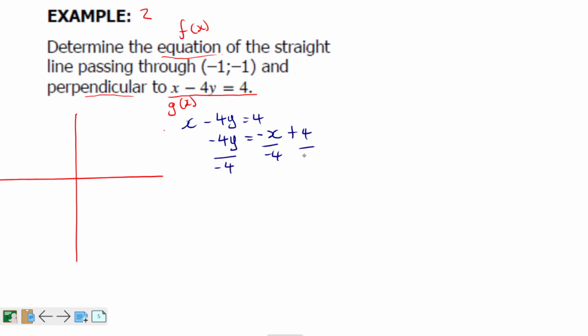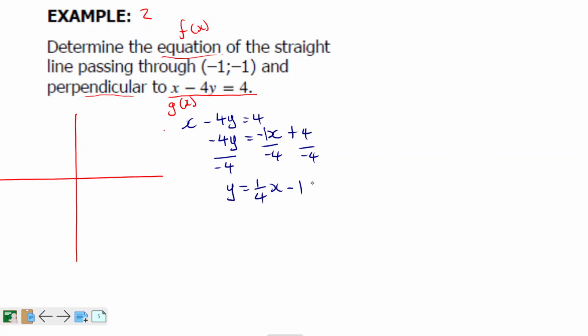So now I have y on the left equals, here I have negative 1. Remember there is a 1 here that is invisible. So negative 1 divided by negative 4 is just 1 over 4. Negative and negative just cancel. So I have 1 over 4 x. Here I have positive 4 divided by negative 4. That's going to give me a negative 1.